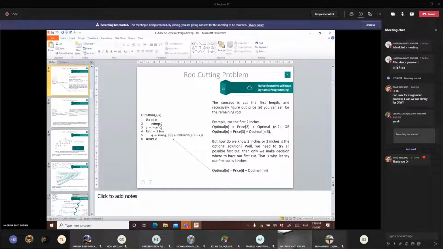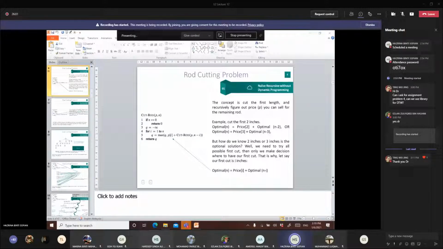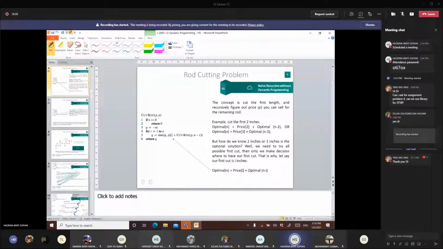Let's take a look at here. We have line 4, we have a for loop 1 to n. So in this case, we can have, let's say, n equivalent to 4. Okay. So at first we enter here, we do line 1, line 2, line 3, and then line 4 we already have a for loop 1 to n.